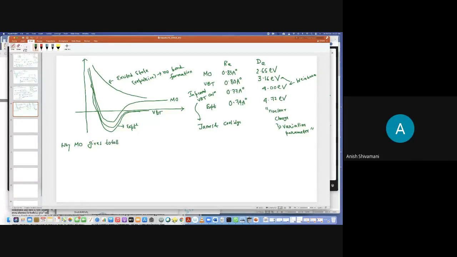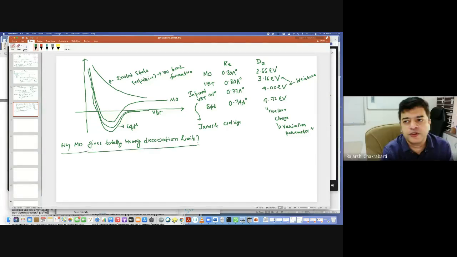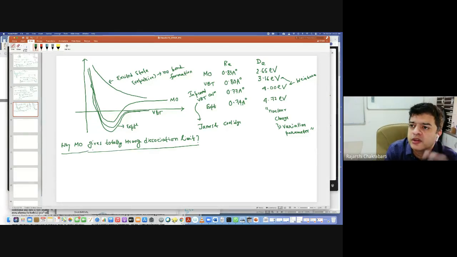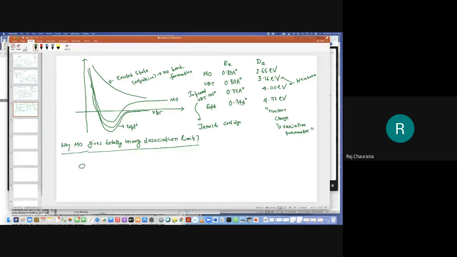It also considers the case where both electrons are on the same nucleus in the dissociated limit. So my question is why MO gives a totally wrong dissociation limit. Okay, that's the question.